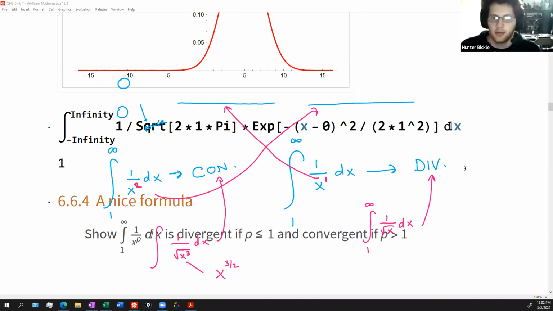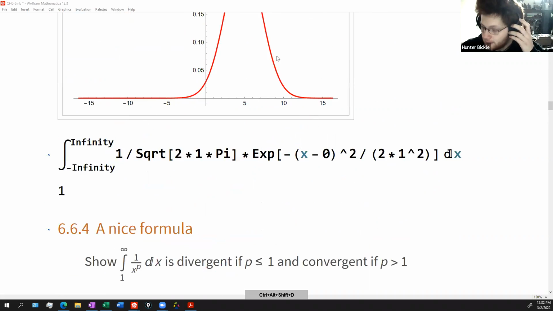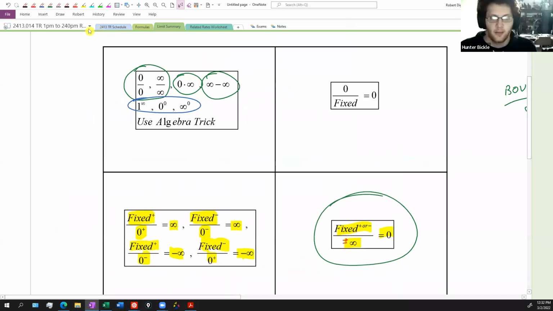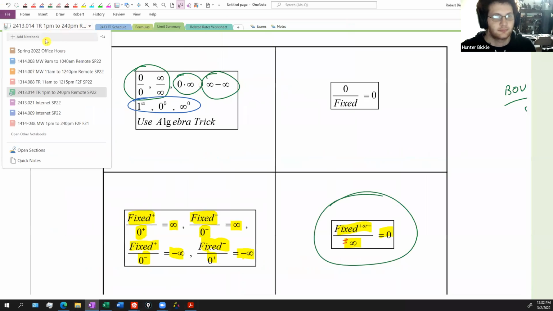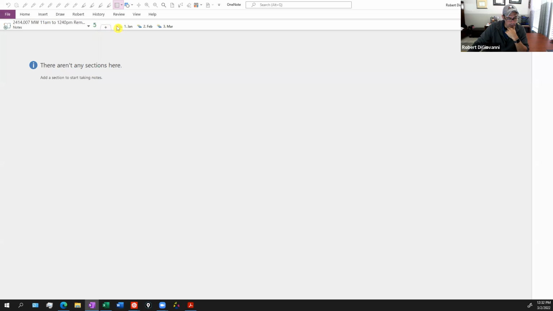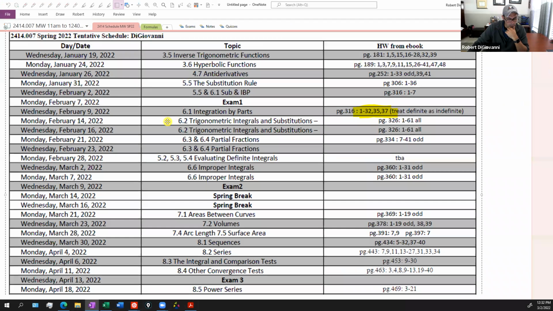What do we got for homework for this? Let me get in there and take a look at where the split in the problems is. So I tell you do 1 through 31 odd, but that won't apply. Wait a minute, 6.6.